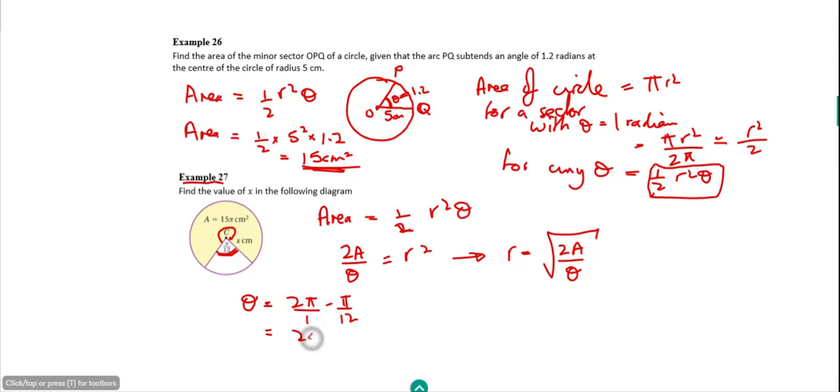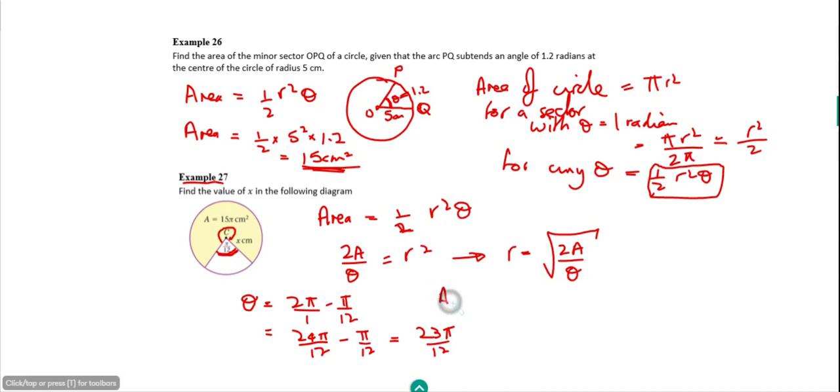We'll get 24 pi over 12 minus pi by 12. Now we've got the same denominator, we can take it away. We get 23 pi over 12. We've also got that the area is 15 pi.